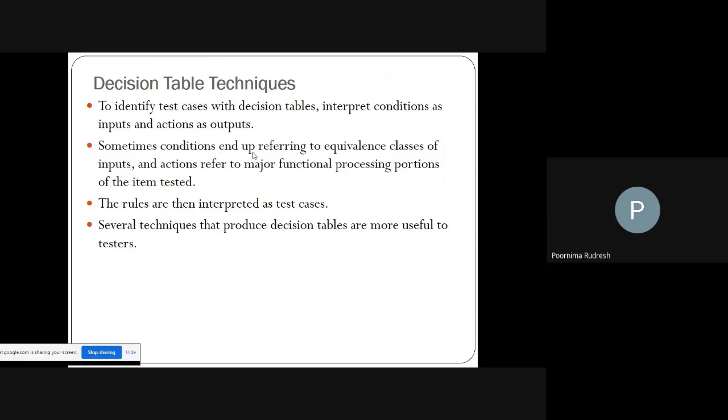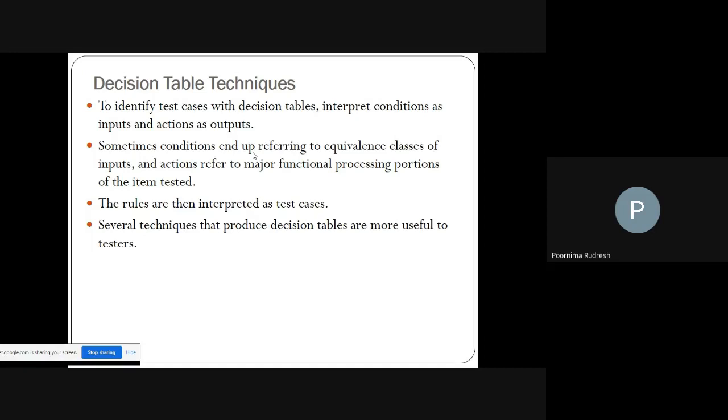So in the decision table we have the conditions, actions and the rules. Conditions are represented as the inputs, actions are represented as the outputs, and the rules defined from 1 to 8 are interpreted as the test cases.